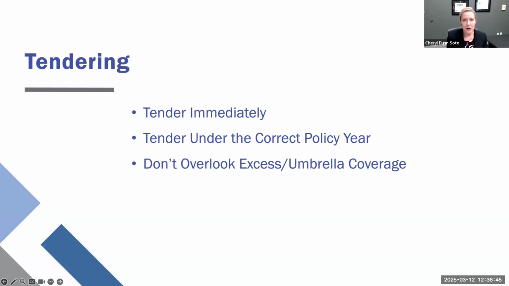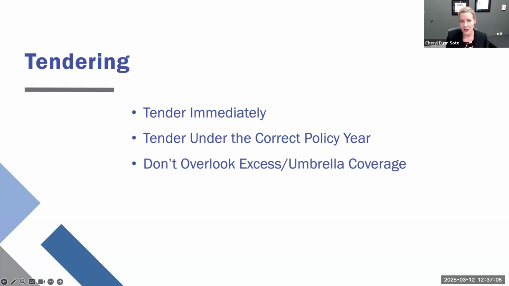Also, don't overlook excess policies and umbrella coverage. If you think a claim is going to approximate the limits, especially if you have a burning limits policy, you need to be putting your excess carrier on notice, and also umbrella carriers, which typically provide broader coverage.